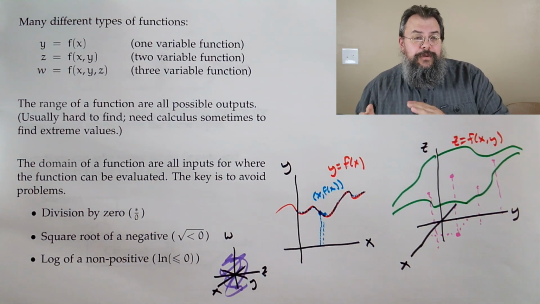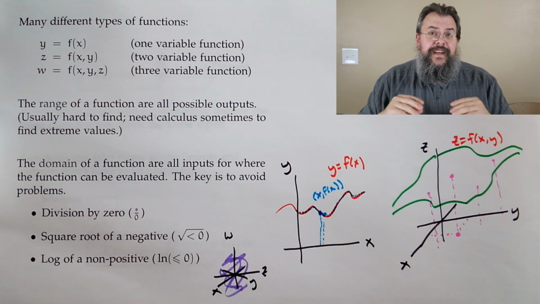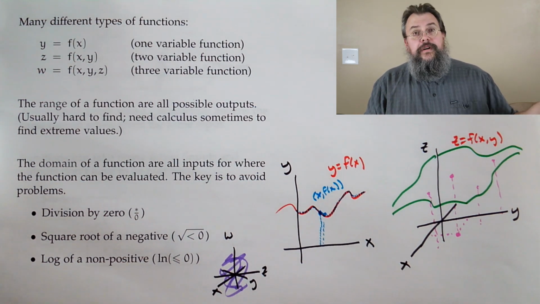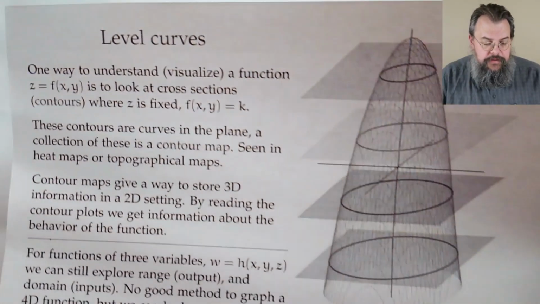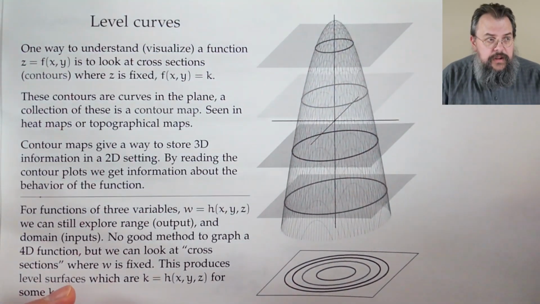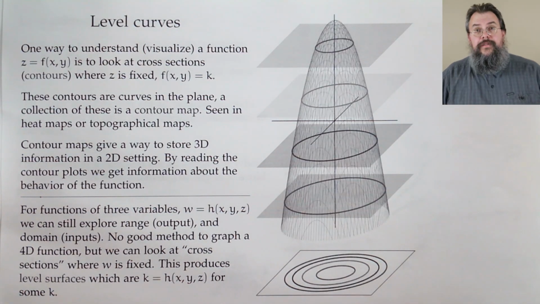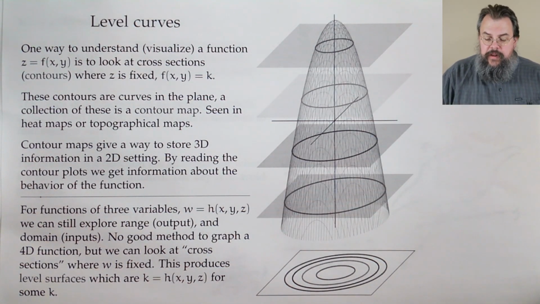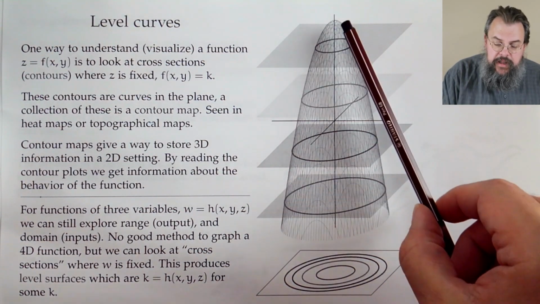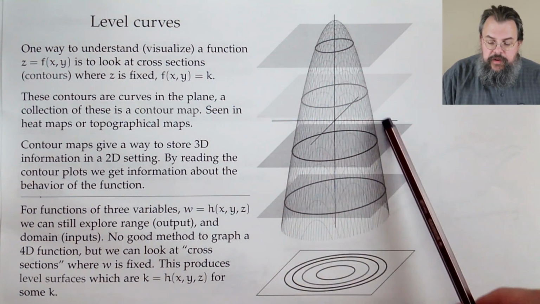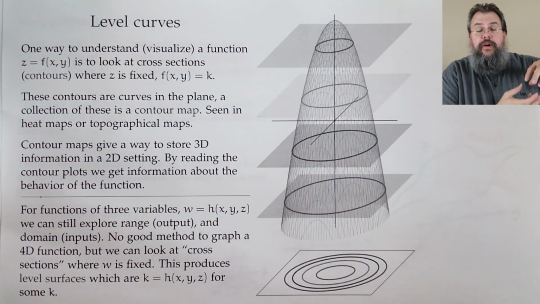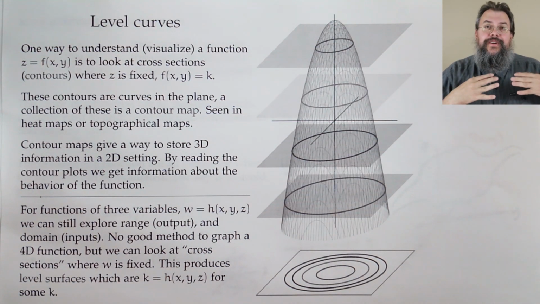But let's talk about one way we can understand a function of 3 variables a little bit better. And that is through what are called level curves. You also might hear these referred to as contour lines. So let's visualize what it might look like. And what you might see is some sort of surface. So here's a surface. If you look at it, it's a paraboloid that's been turned upside down. And we say, okay, so here's our surface.